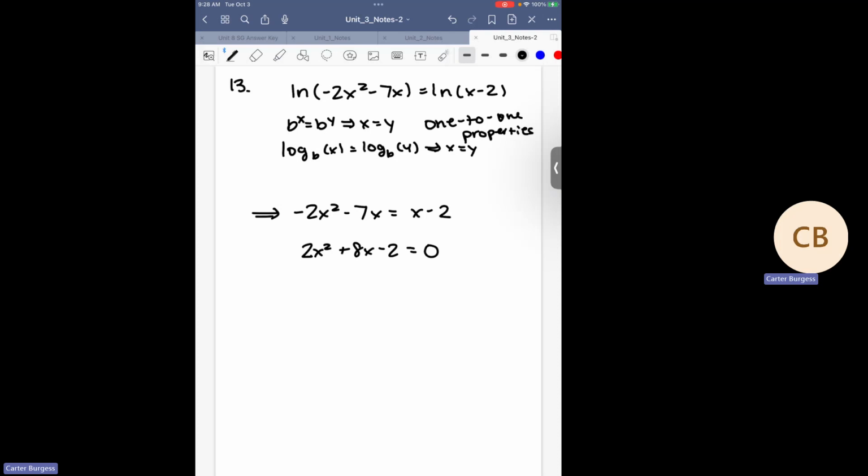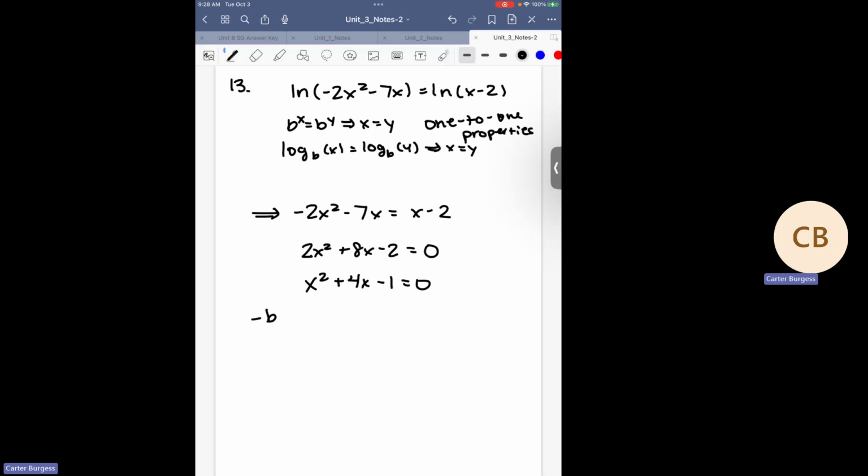I'm going to divide everything through by a 2 as well. X squared plus 4x minus 1 is equal to 0. All right, we are now solving a quadratic. We are going to use, in this case, the quadratic formula. Not really any other choice. There are no two numbers that multiply to make -1 that add to make 4.